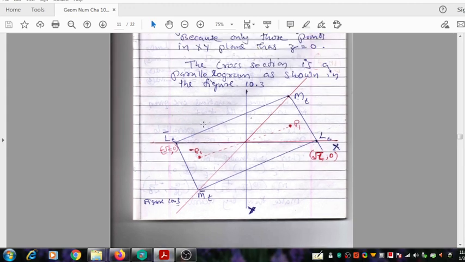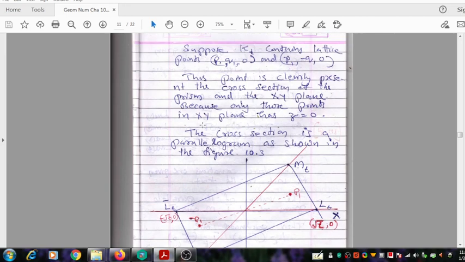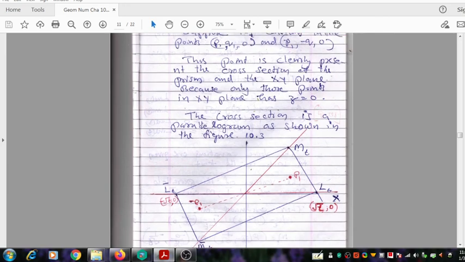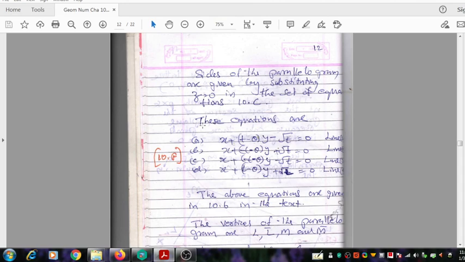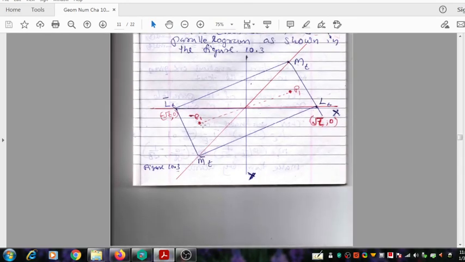Okay, continuing this discussion, we can now think about the equations of this parallelogram, the equations of its boundary. This parallelogram has pairs of parallel lines as its boundaries. See, this line is parallel to this line, and this line is parallel to this line.